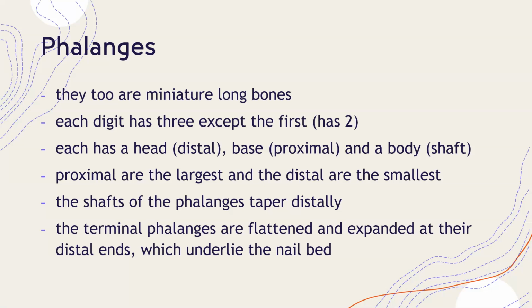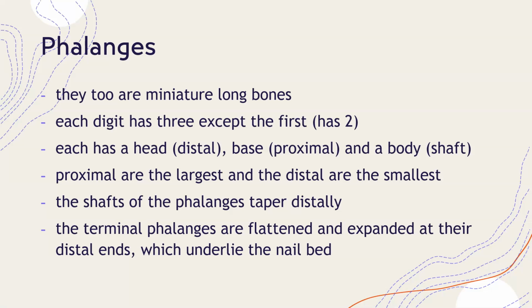Not unlike a lot of bones, as we get farther away, as the fingers get smaller, the shafts of the phalanges taper as they travel more distal. Hence the reason why the proximal is the largest, and the middle will be slightly smaller, again tapering, all the way down to the distal phalanx, which is tapered even more so.